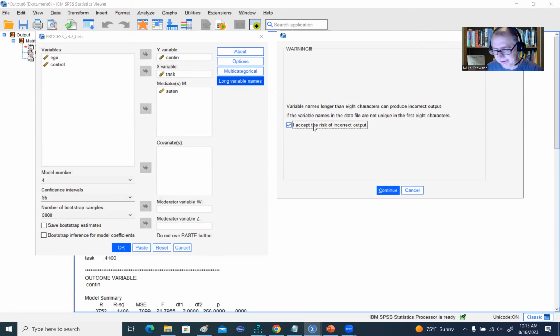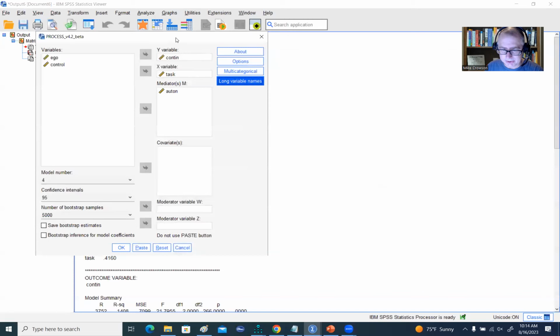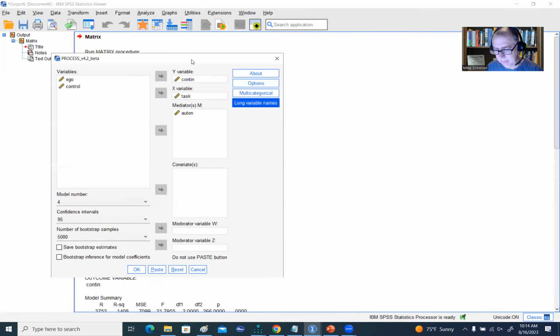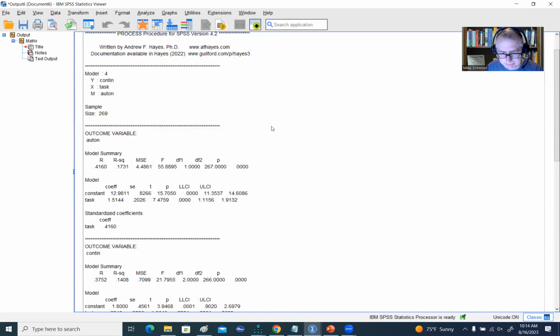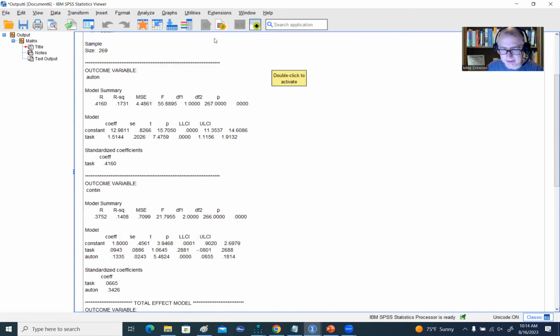Now, according to Hayes, longer variable names can risk incorrect output. So if you happen to have longer variable names and you're willing to risk that, you can click on that box and then continue, and then it will carry out that analysis. Or an easier solution where you don't risk anything is just to simply make sure that your variable names have 7 or fewer characters. So at any rate, we'll move on back to our model.